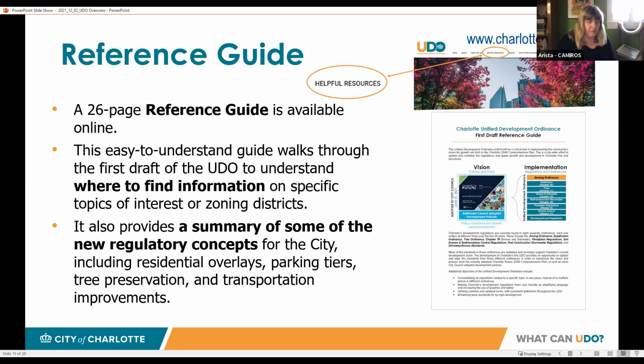A lot of terms have changed as we've moved to implement Charlotte's comprehensive plan and the place types that are part of that and the terms that they use. We've tried to make sure that all the general terms that we use throughout the document are in that definition section. As you can see when you flip to it, it's a very robust set of definitions that should help everybody understand, whether looking at district standards or something in natural resources or stormwater, what the terms we're using will mean.